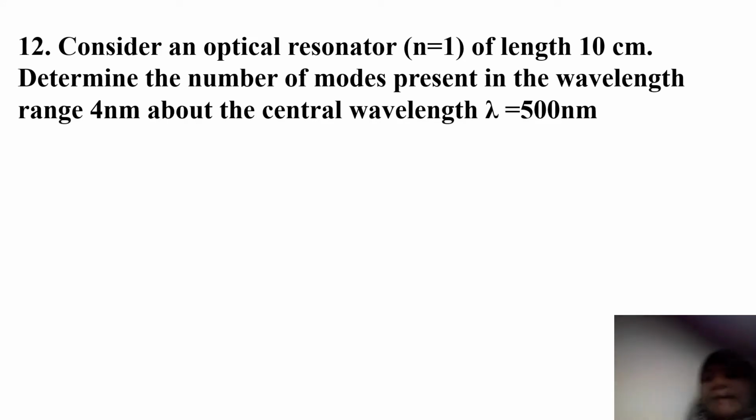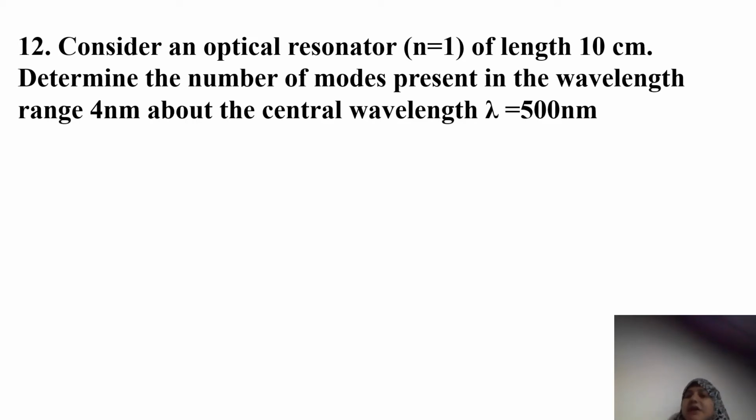This is a very easy question. I'm not going to solve all of it. I will give it to you as homework, and I'll ask you in the next class. But I'll definitely give some hints regarding how to solve this question. The question is about an optical resonator, and this resonator is in air, which is n equal to 1.